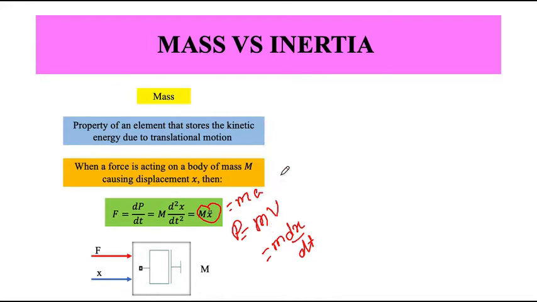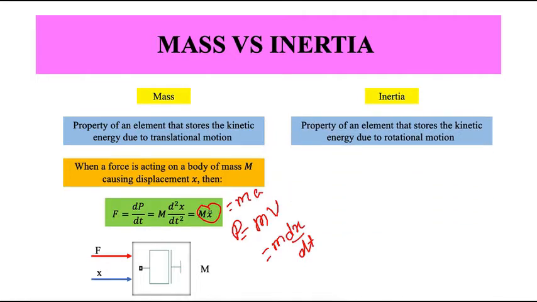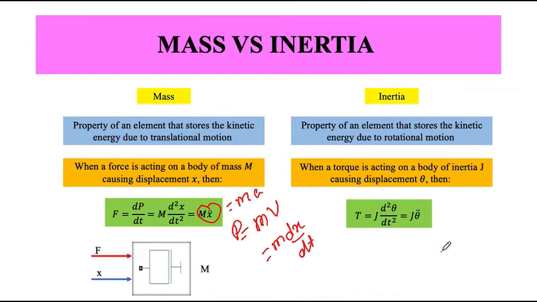Similarly, in the case of rotational motion, I have moment of inertia, the property of an element that stores kinetic energy in rotational motion, such that when a torque is acting on a body of inertia J, causing a displacement theta, then the torque is J theta double differentiation, with the same analogy.